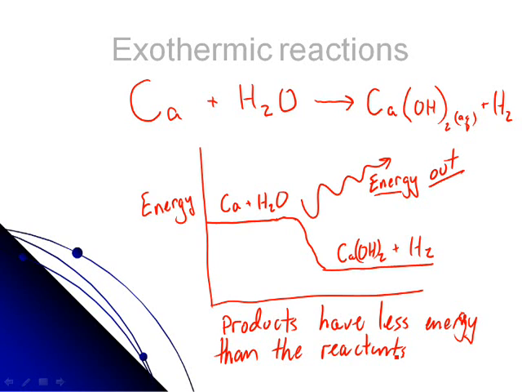So hopefully there are a couple of ways now that you could look at a graph of the energy involved in a reaction, or you can look at the reaction itself and decide, is this exothermic or endothermic? Hopefully you could also go back and look at a reaction and recreate one of these graphs.